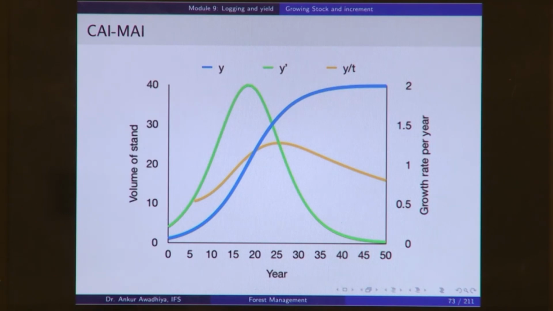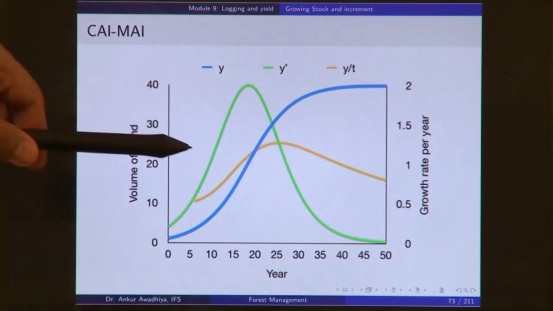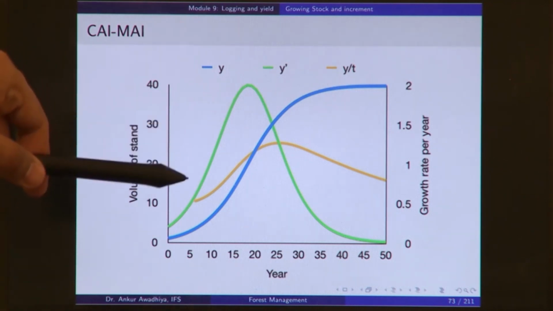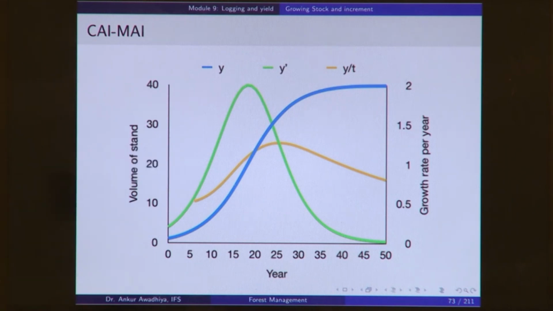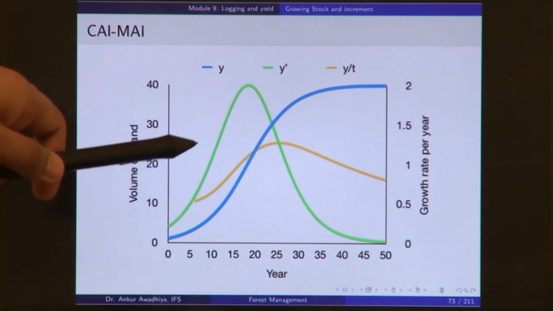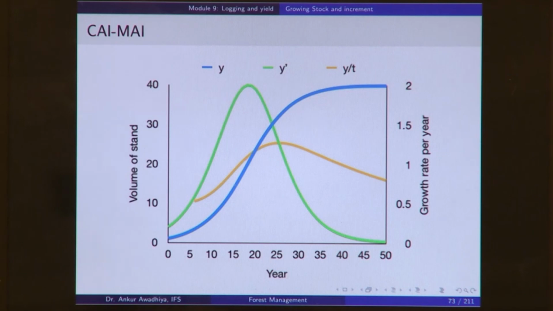Now, why is that so? Let us consider the CAI. At this point the CAI is very large, the MAI is less. Now, the CAI is increasing. So, CAI is telling you the change in the volume every year. So, when CAI is increasing, it tells us that the total growing stock is increasing at a faster rate.